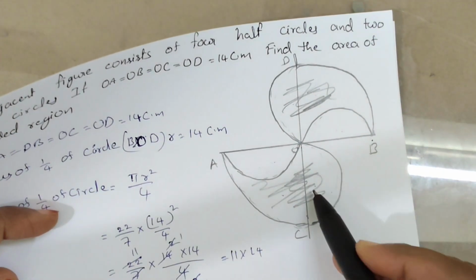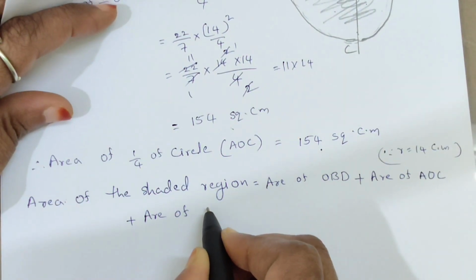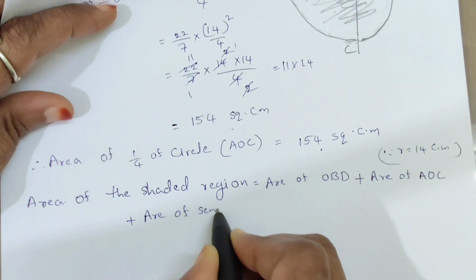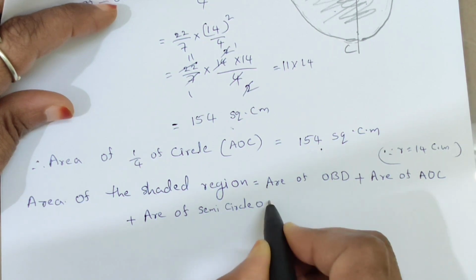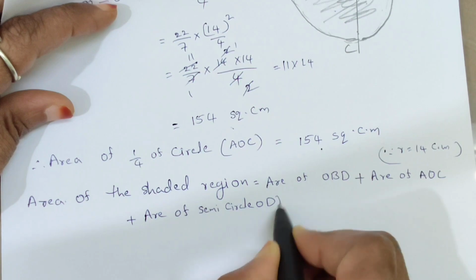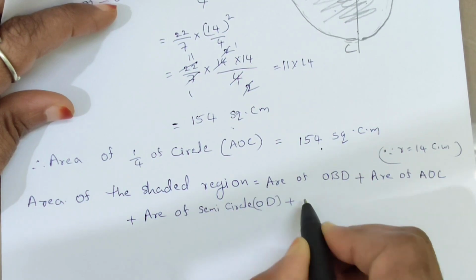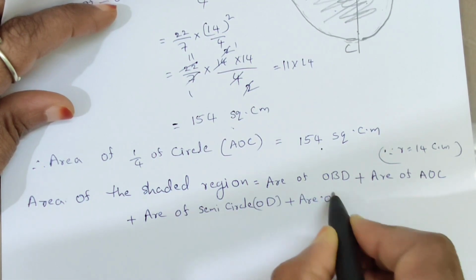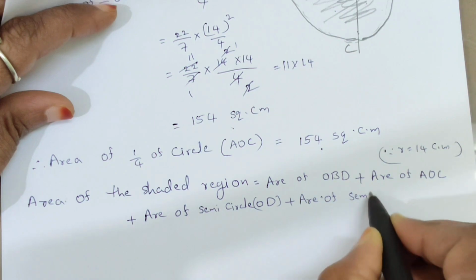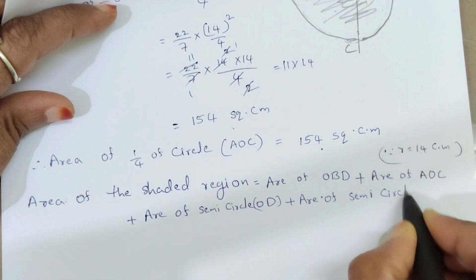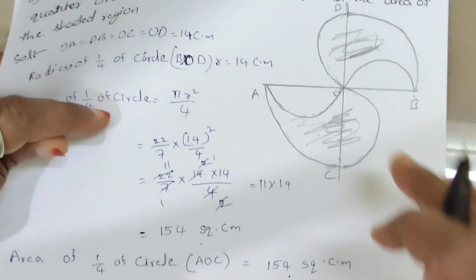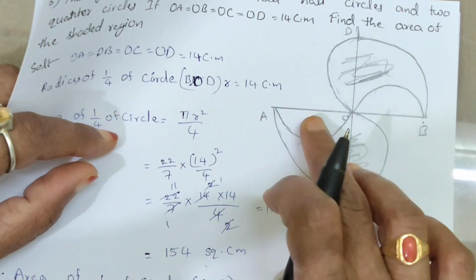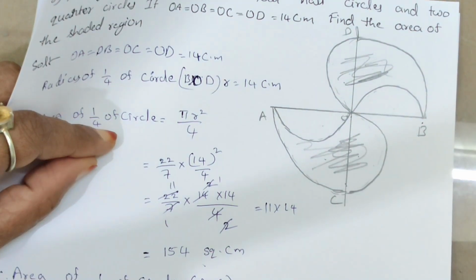Add area of semicircle with diameter OD, plus area of semicircle with diameter OC. Next we subtract these two semicircles. We can write any letter, we just write the diameter name.